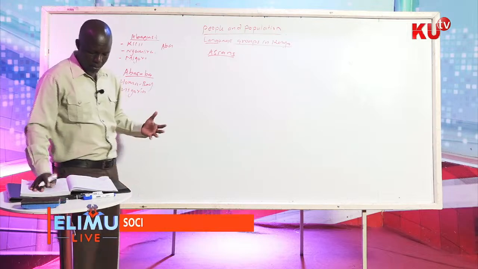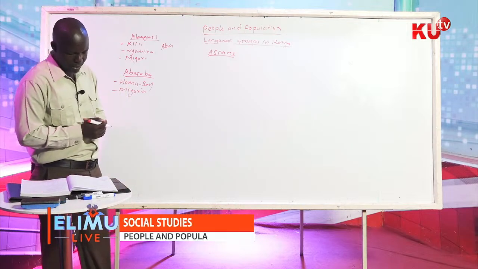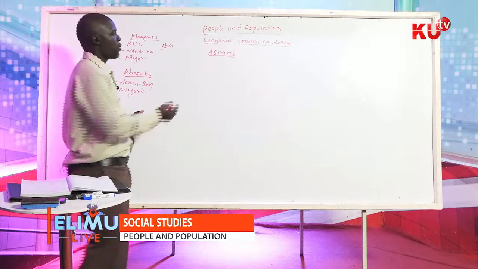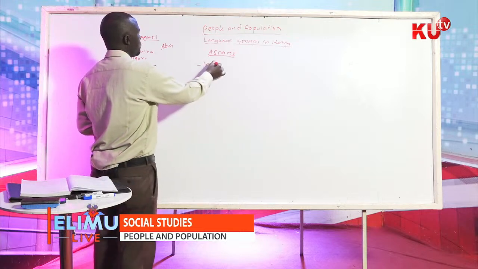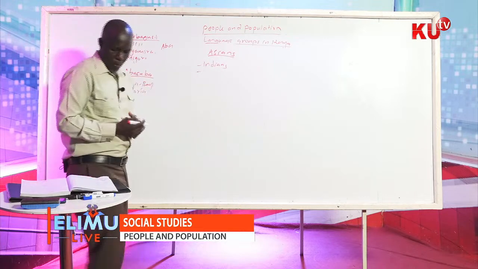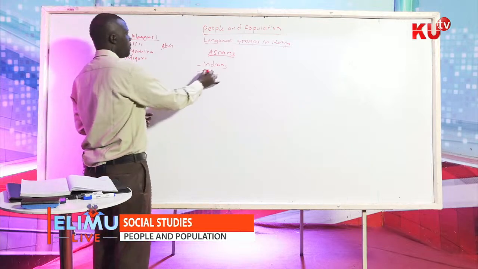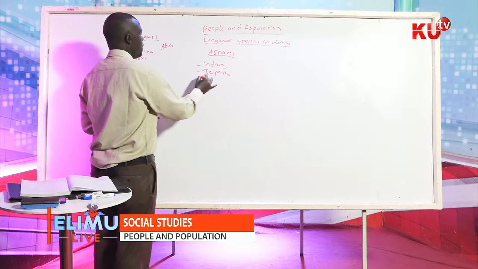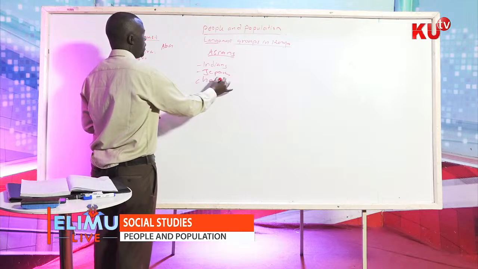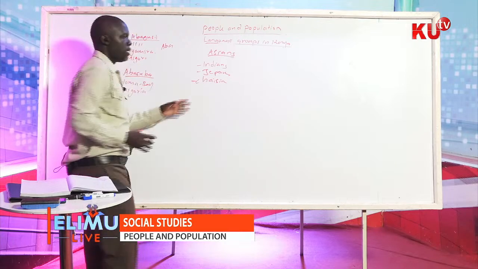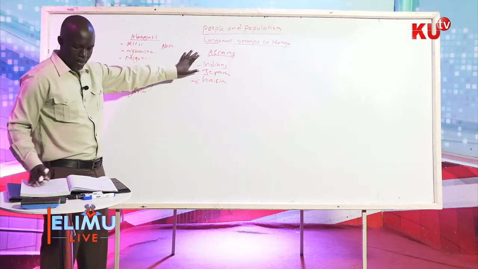And most of them make up what we call the early visitors to Kenya. So the Asians is where we have the Indians, we have the Japanese, and then Chinese. So these ones make up what we call the Asians.